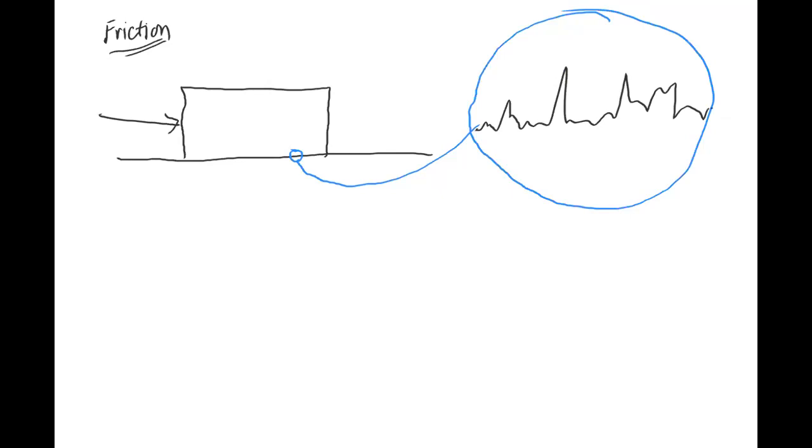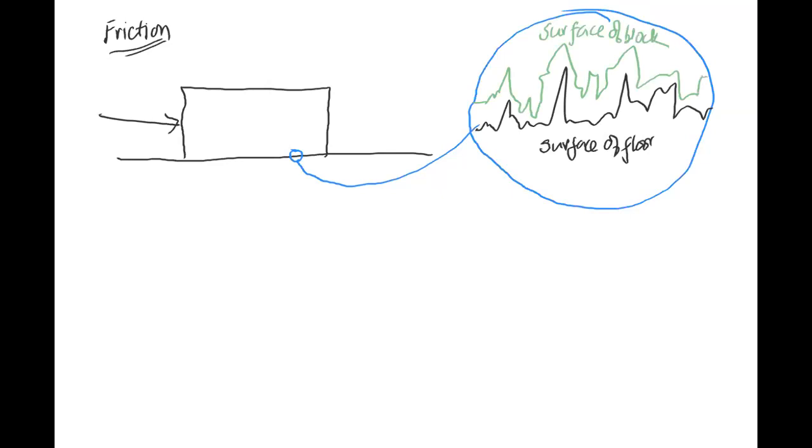So this is the surface of the floor. And at the same time, the block, which may appear smooth to our senses, will have another surface, will be rough like so. So this is the surface of the block.